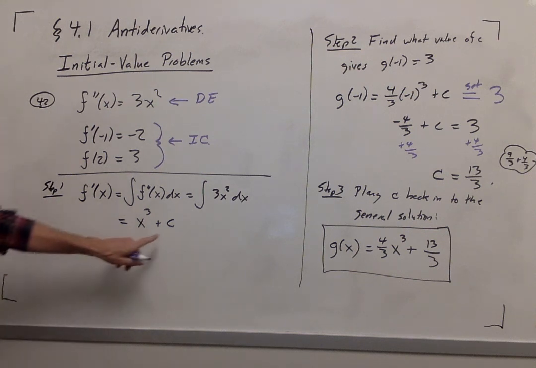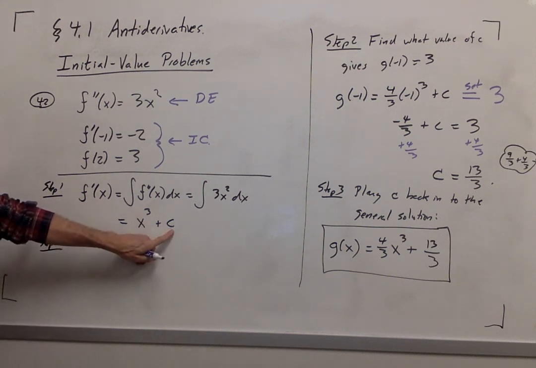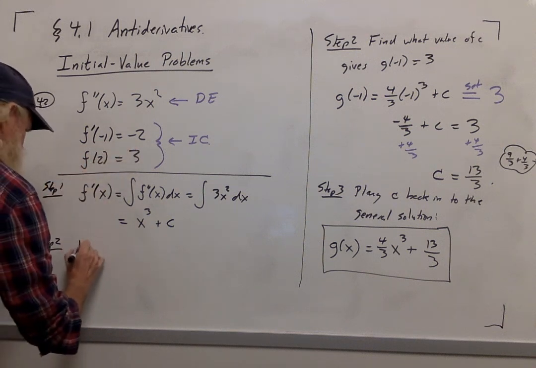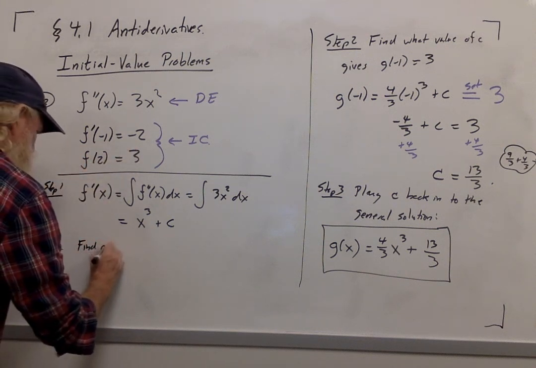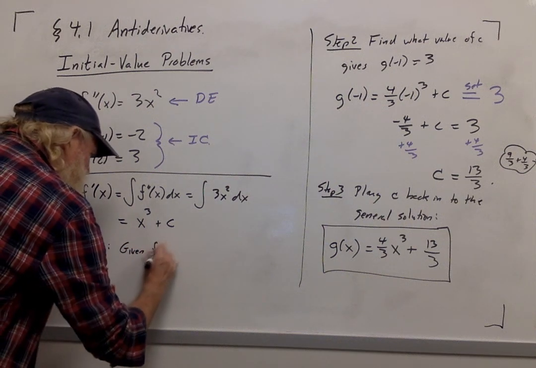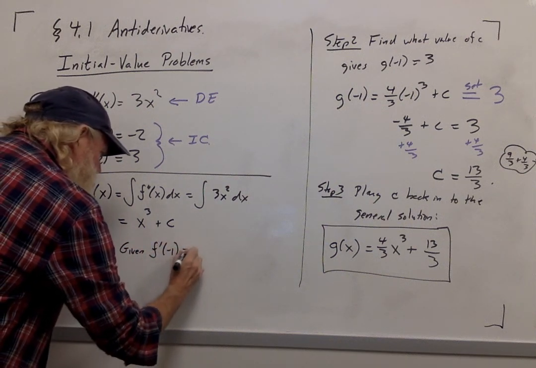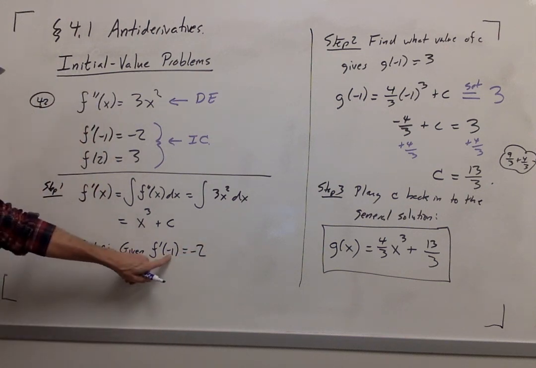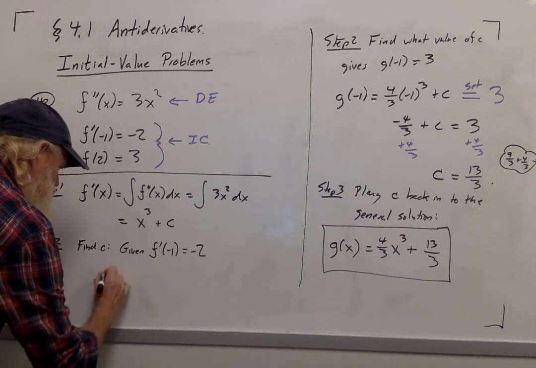In step 2, we're going to figure out what c is so that f prime of -1 equals -2. So we're given that f prime of -1 equals -2. So let's substitute -1 in for x.